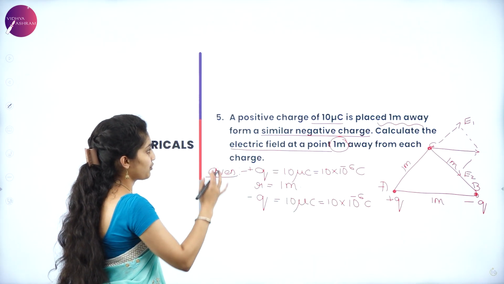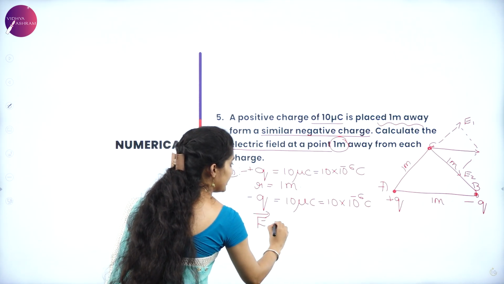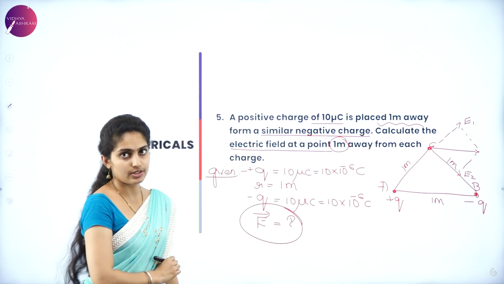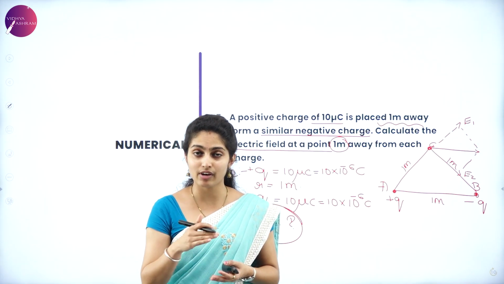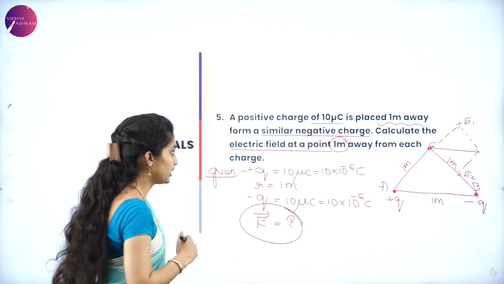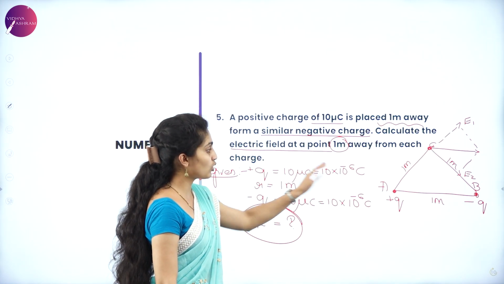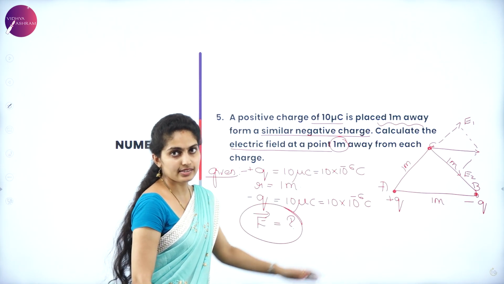Now calculate the electric field, that is E, at point C. We don't need to identify the direction here; they have asked you to calculate only the magnitude. Since the two charges are the same, E1 and E2 are the same.